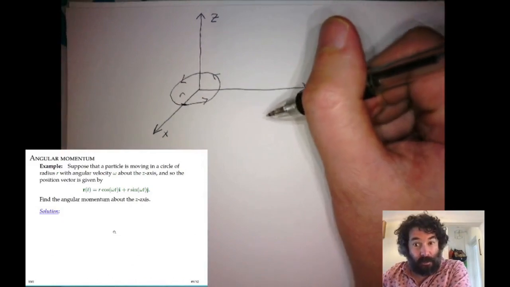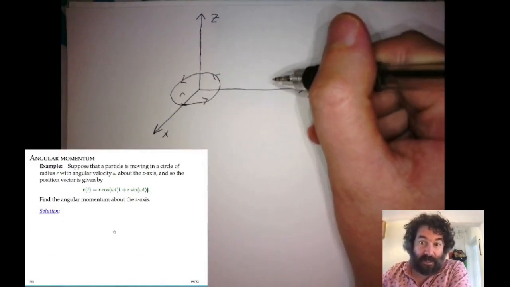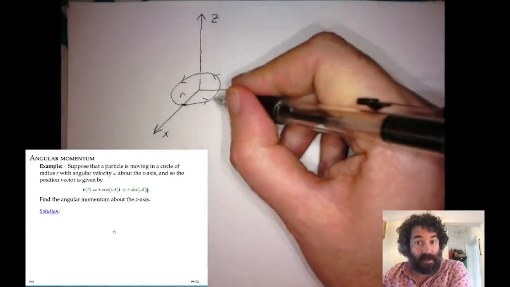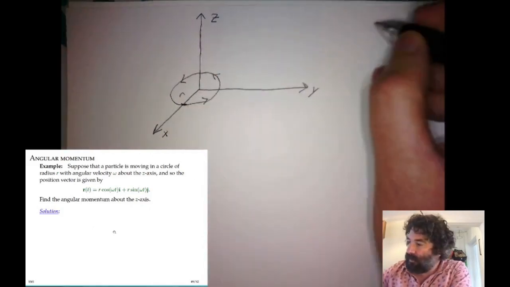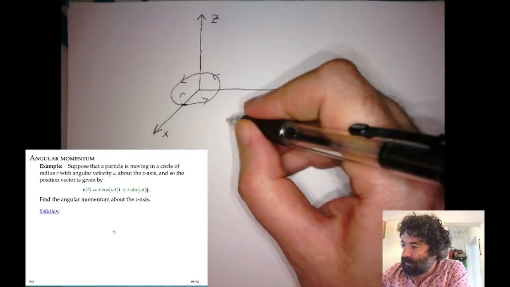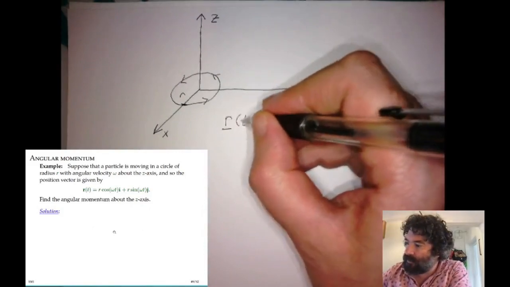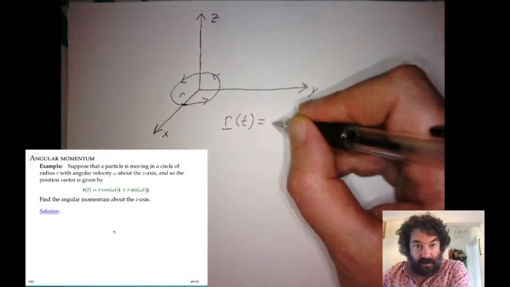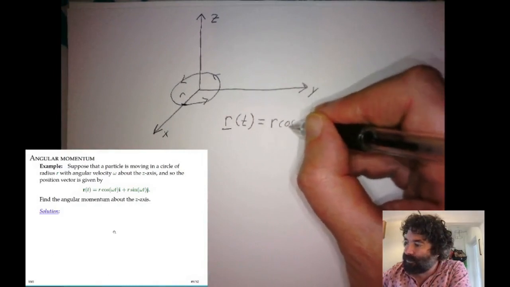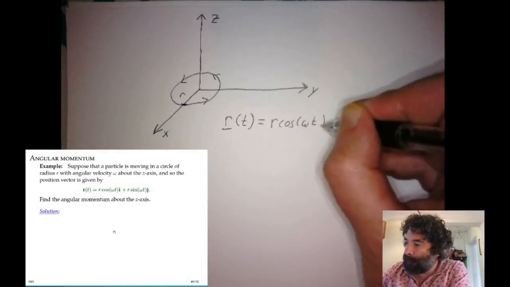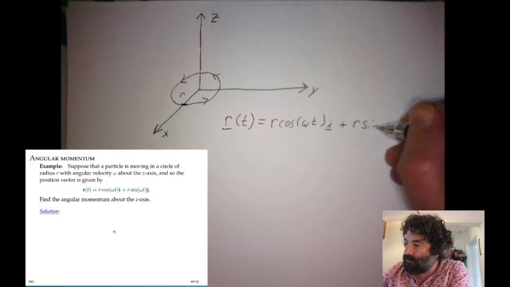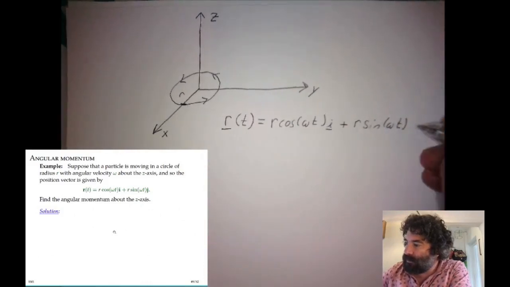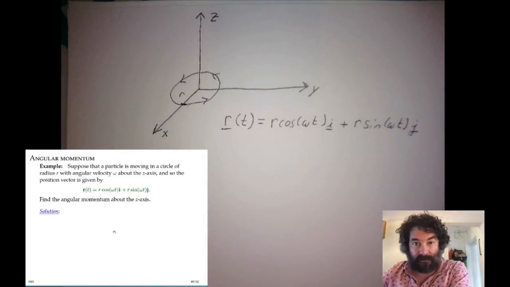And there's another parameter that's called omega, the angular velocity. So that corresponds to how fast it's rotating around. And so the actual position vector for the motion is r cosine of omega t times i plus r sine of omega t times j.